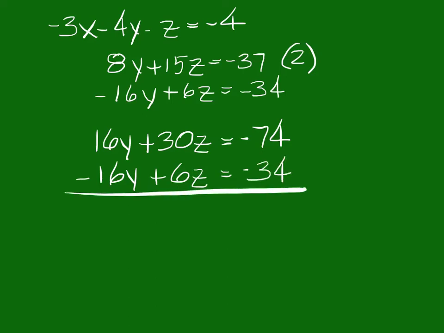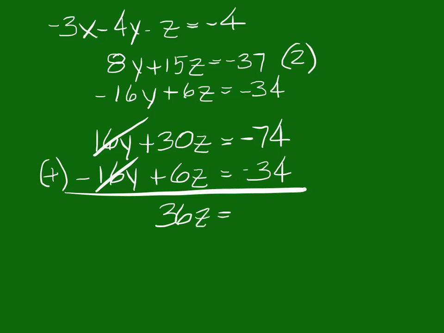We have opposite signs here on the y, so that means we have to add. And when we add, these cancel out. That's the purpose of making them the same type of number. Then you move on to 30z plus 6z, which would be 36z.